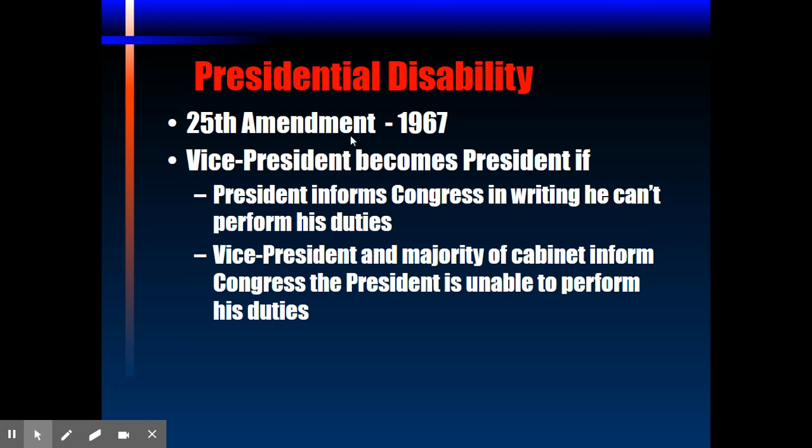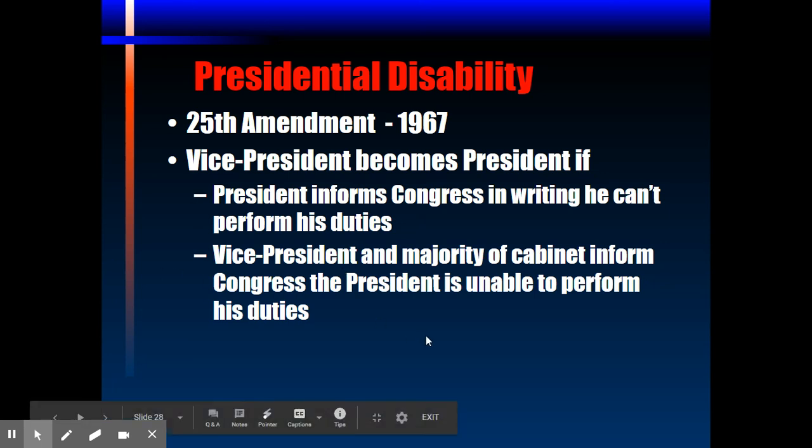Also though, the 25th Amendment decided presidential disability and what happens. The 25th Amendment can be invoked if the president decides, okay, I can't perform my office right now. He would inform Congress in writing that he can't perform his duties, and Congress would take the powers of the presidency and transfer them to the vice president.